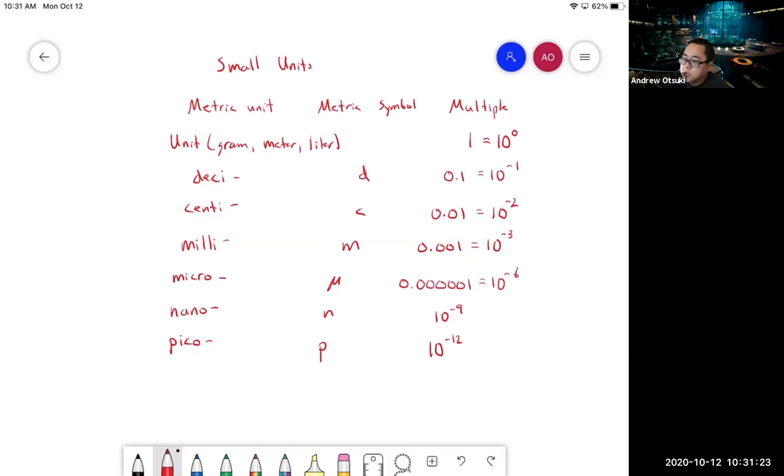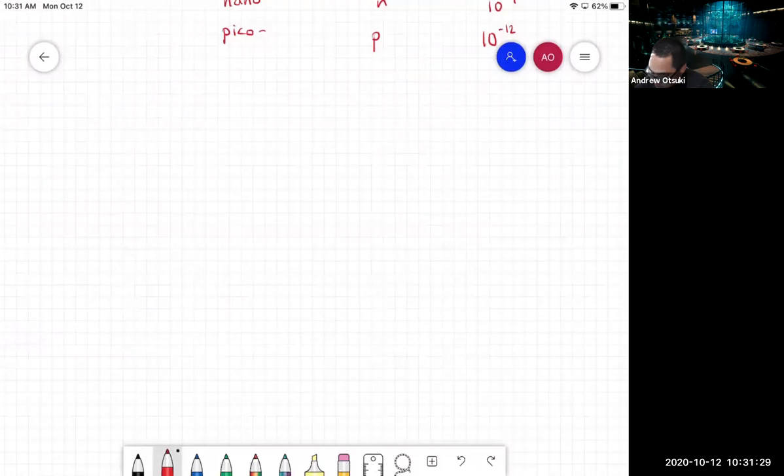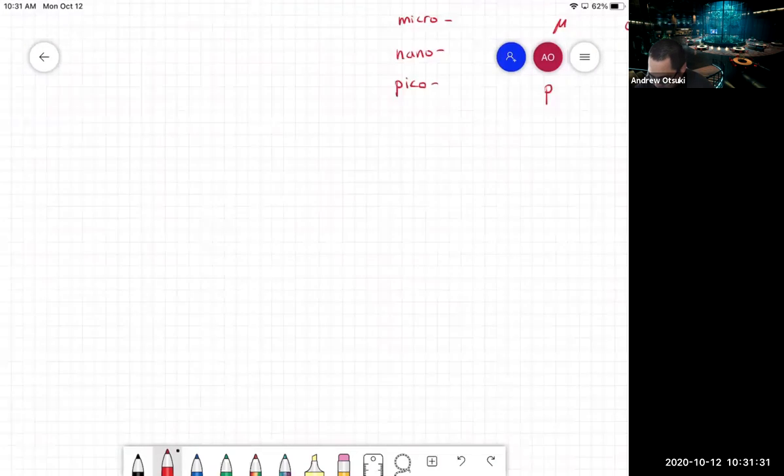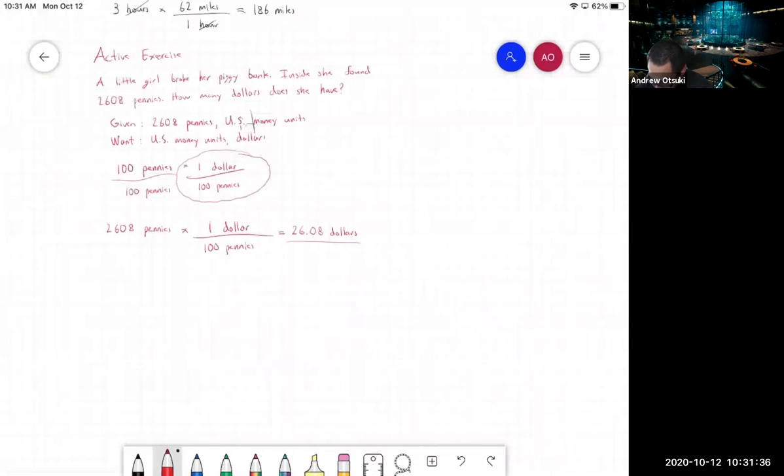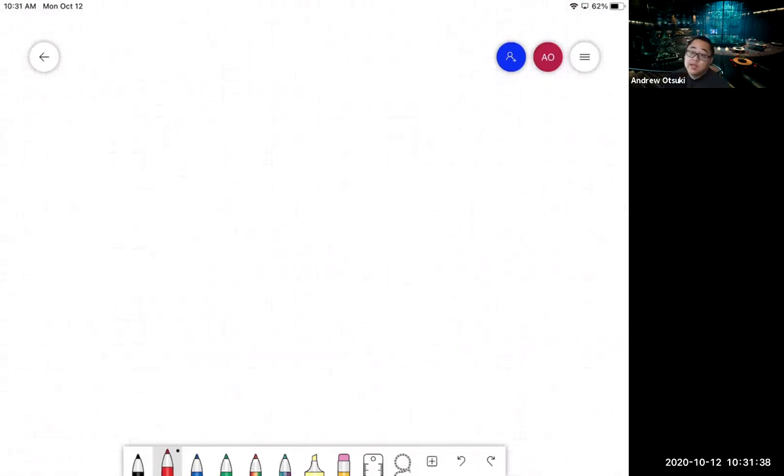Okay, let's talk about mass and weight now, in terms of chemistry, not outside of chemistry.